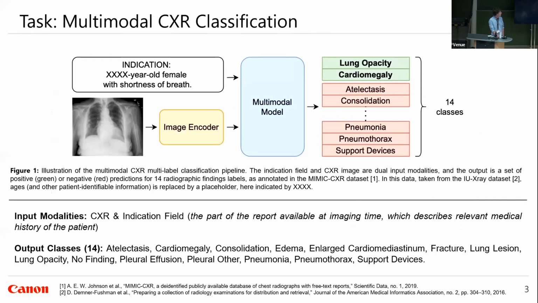So here is an overview of the proposed architecture. The two modalities we're considering are the chest X-ray, where we only focus on frontal views, so anterior-posterior and posterior-anterior, and the indication field, which is the part of the radiology report that gives some relevant medical history of the patient or the reason why the scan was taken.